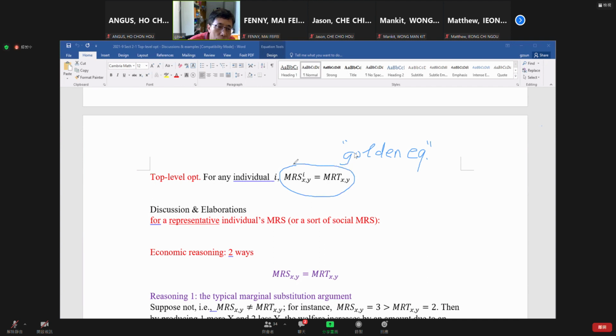And now let's try to understand it from an economic perspective. Here we will do it in two different ways.